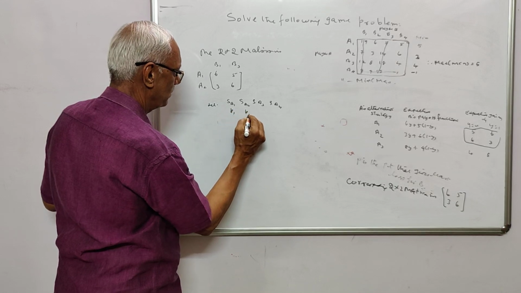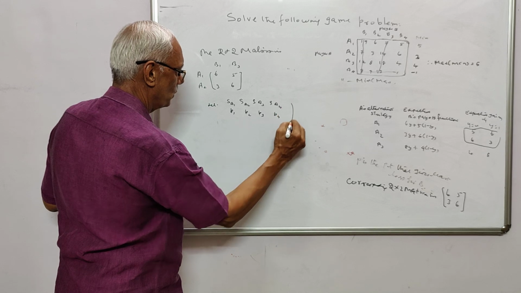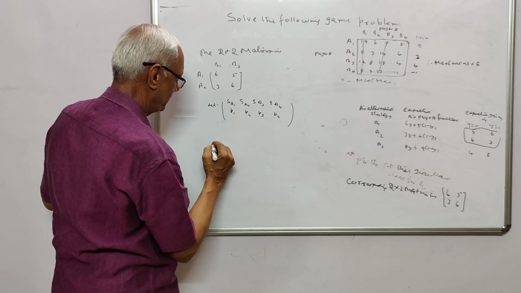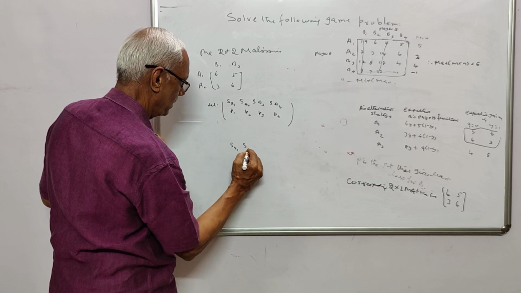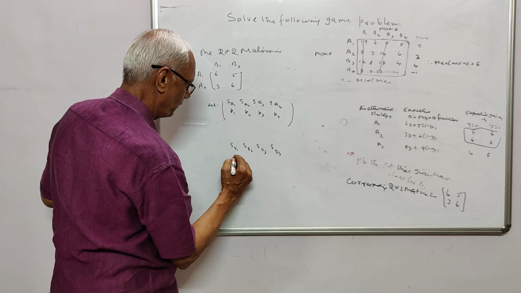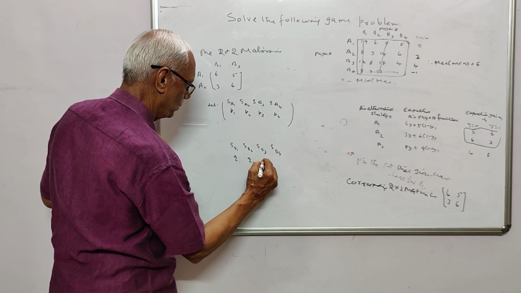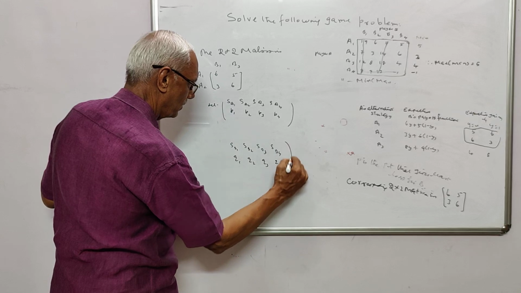This is P1, P2, P3, P4. And the strategy of B: SB1, SB2, SB3, SB4, Q1, Q2, Q3, Q4.